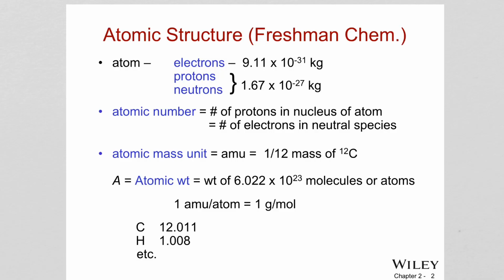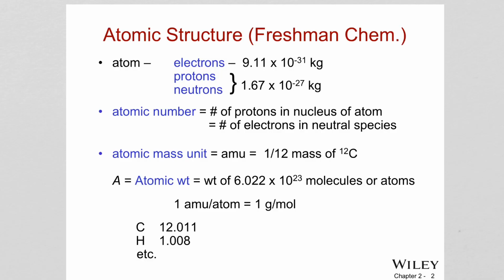So the number of protons in an atom is important because it defines what chemical element the atom represents. For example, an atom with just one proton is hydrogen, an atom with 29 protons is copper, and an atom with 94 protons is plutonium.